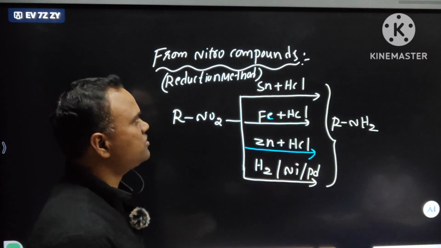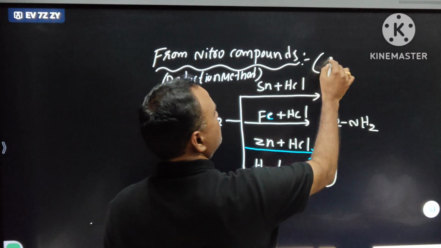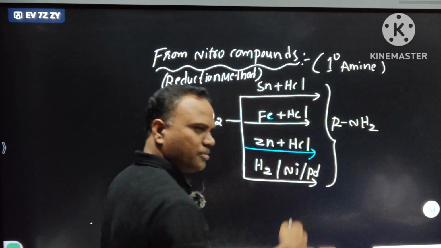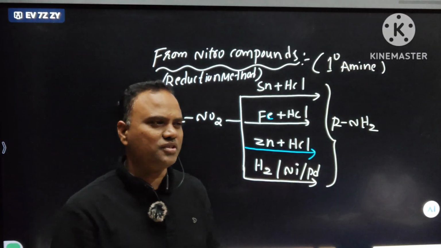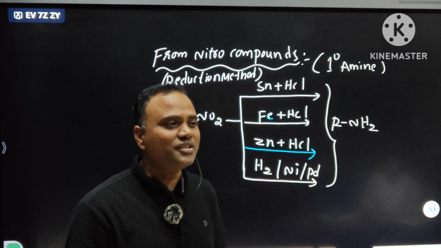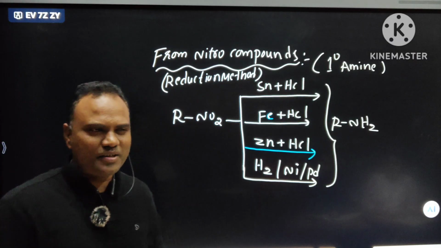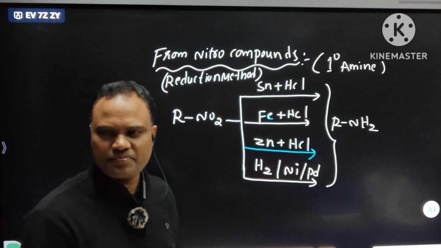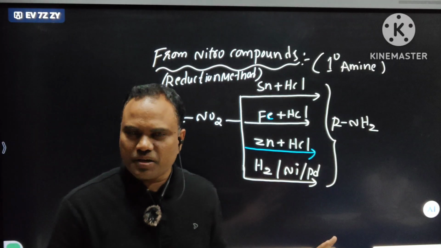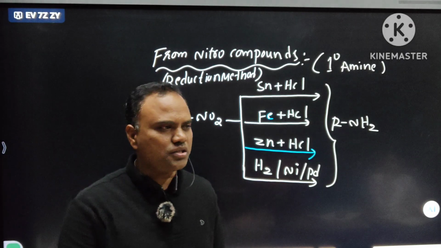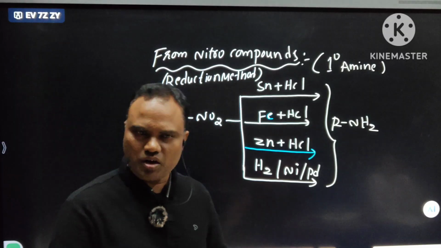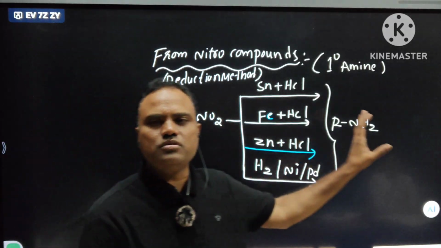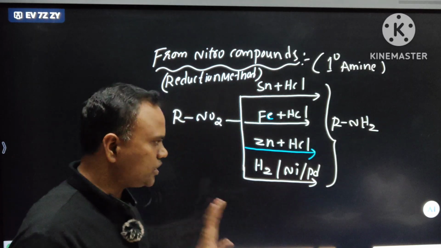Mention here also primary amine only. All are primary amines. That's why preparation of secondary amine is important. Primary amine is common, so preparation of secondary amine is important. These are concerted type reactions, no mechanisms. You have to remember to convert NO2 to NH2. Okay, direct reactions.